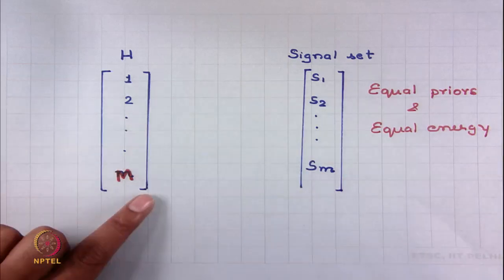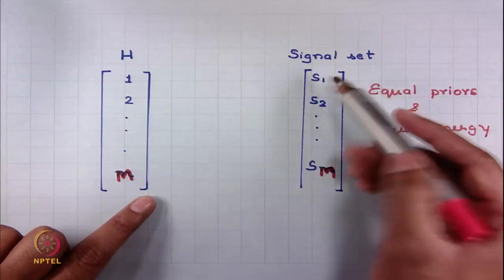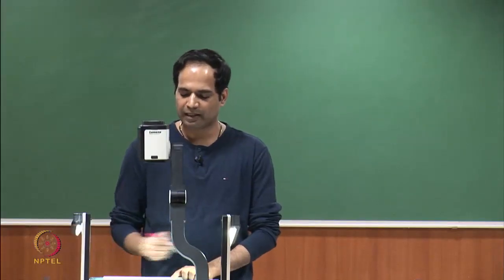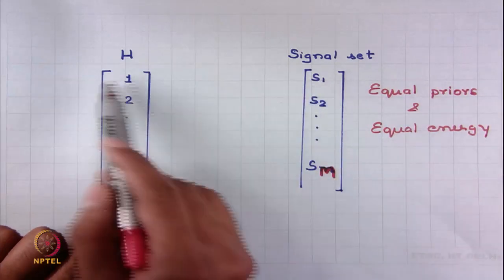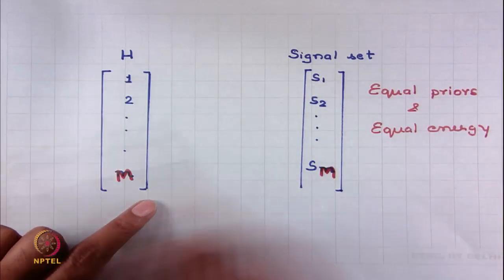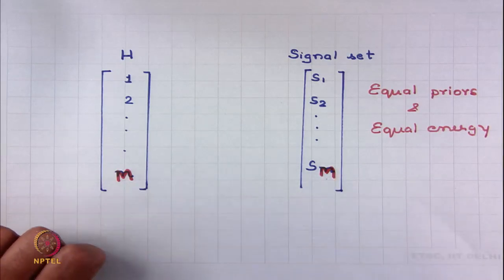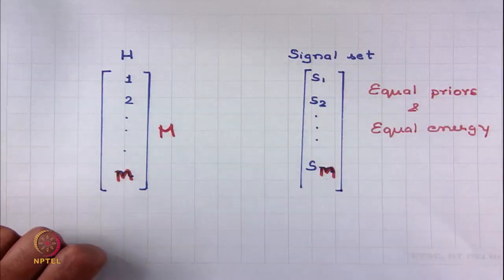We have a signal set where these signals are assumed to be of equal energy, and because we want to use the ML detection rule, we also assume that these signals have equal priors. Okay. So, signal S1 corresponds to hypothesis 1, signal S2 corresponds to hypothesis 2, signal SM corresponds to hypothesis M. So, we have M hypotheses and we have M signals.